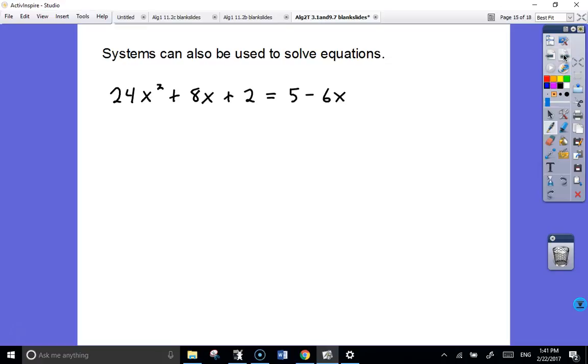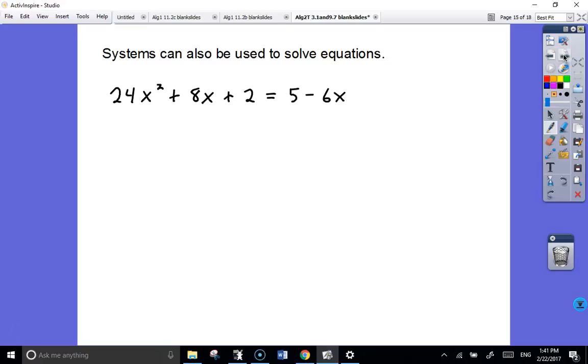It could be logarithmic combined with trigonometric combined with exponentials all in one equation. But in the end, as long as it's one expression on the left equals one expression on the right, you could turn that into a system and then use your calculator to solve it, right? I mean, including technology enhanced items on the SOL. Just do this, okay? This is how it works.